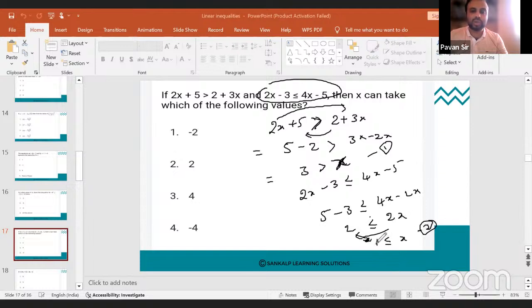From 1 and 2, we can get the answer. 3 is greater than x, or x is less than 3, and x is greater than or equal to 1. So x should be 1 or 2, because x must be greater than or equal to 1 and less than 3. 1 is not among the options, but 2 is. So option 2 is the correct answer. Option B, yes, absolutely.